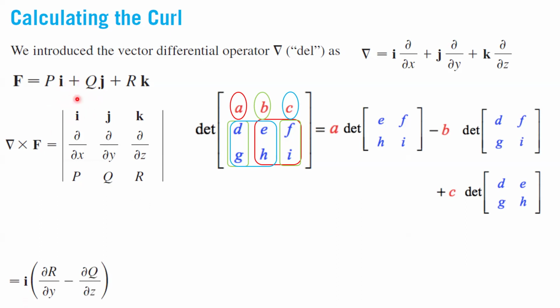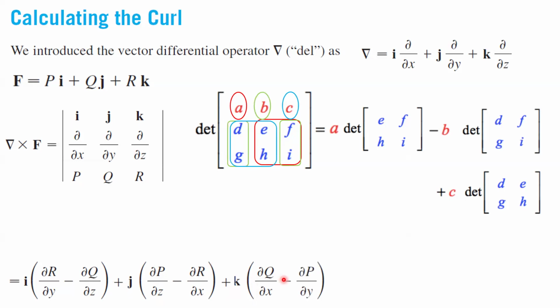So again, here you have your i, and you look at the determinant of this 2x2 matrix, which is the partial derivative of r with respect to y minus the partial derivative of q with respect to z, plus j, and then I distributed the negative sign, the partial derivative of p with respect to z minus the partial derivative of r with respect to x, plus k, which is multiplied by the partial derivative of q with respect to x minus partial derivative of p with respect to y.